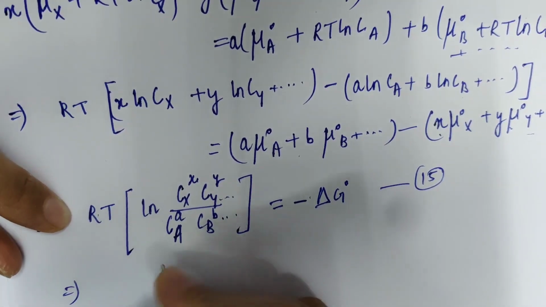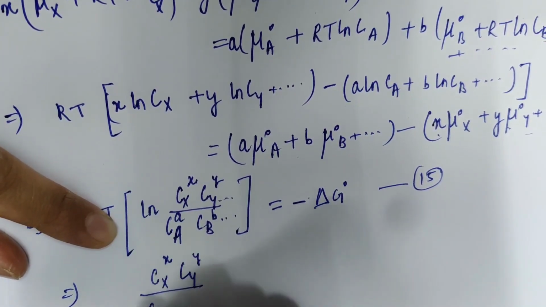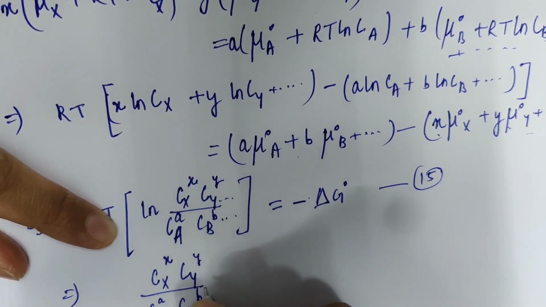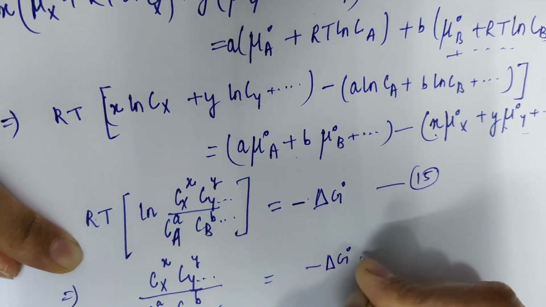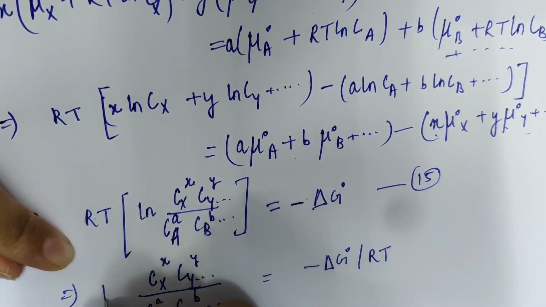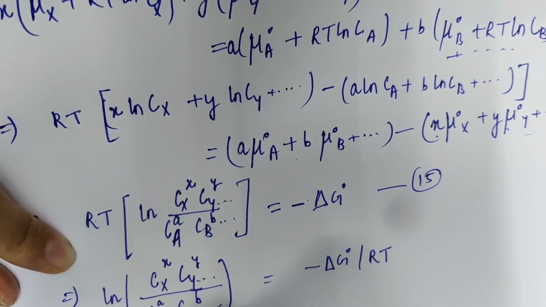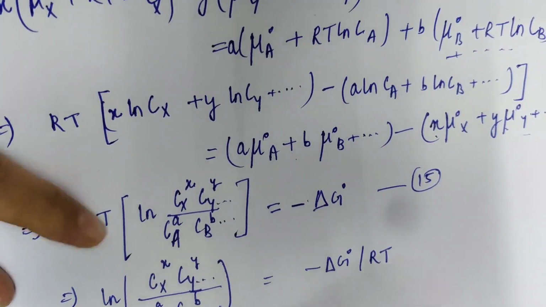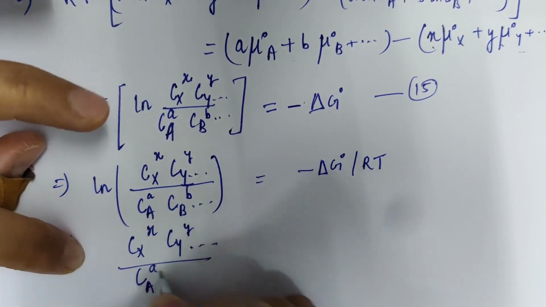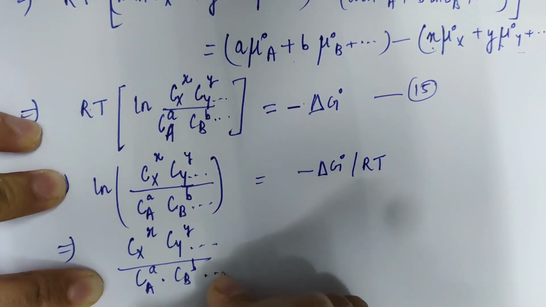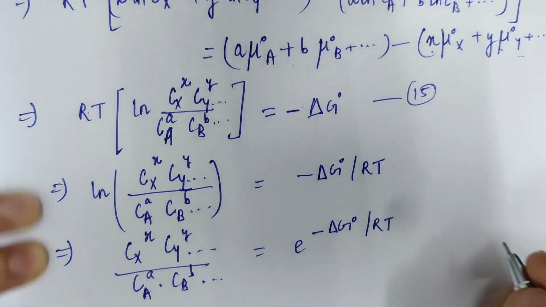Now if we further manipulate our equation, what do we get? Minus delta G naught by RT is equal to ln of Cx raised to power x, Cy raised to power y, and so on, divided by Ca raised to power a into Cb raised to power b, and so on, so that the ratio equals e raised to power minus delta G naught divided by RT.